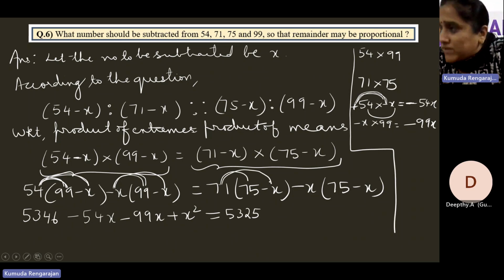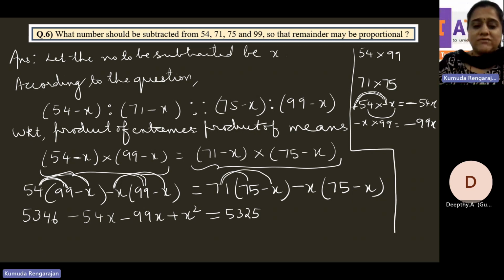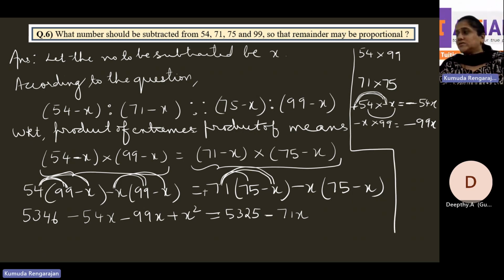It's very easy. 71 into x is 71x. And when you multiply the signs, it's plus 71 and minus here. Plus into minus, minus 71x.